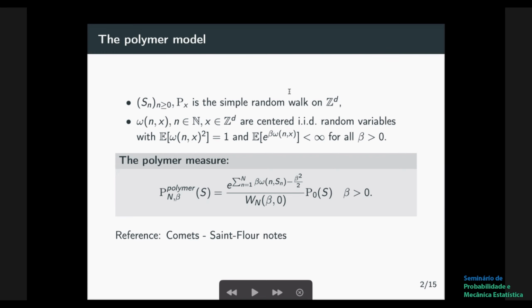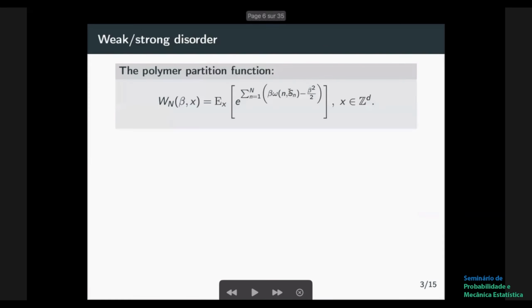And so we can express explicitly what the renormalizing function is. In this case, it's just an expectation with respect to the simple random walk measure. So in particular, it's an expectation over Sn, but it's still a random variable because it still depends on the variables omega, right?